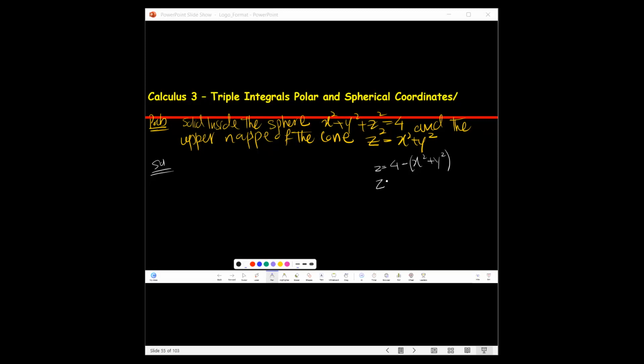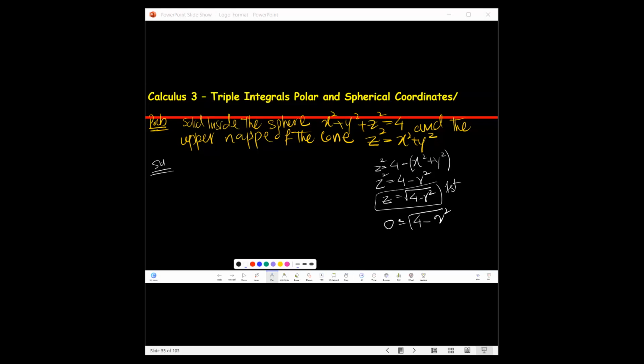Okay, from here z equals, this is also squared, 4 minus r squared, and I also write z equals square root of 4 minus r squared. Okay, and then if I take r equals 0, I'm going to say it is 4 minus r squared. So that is my first limit.